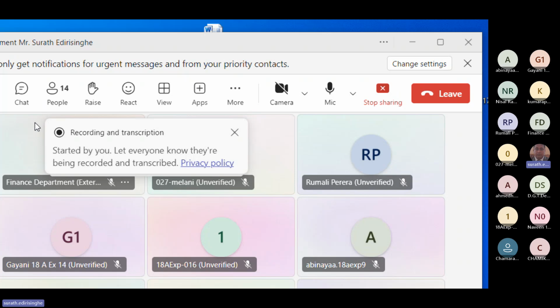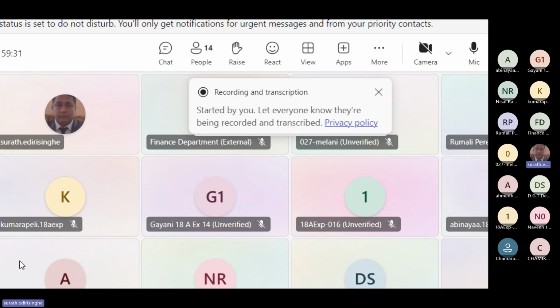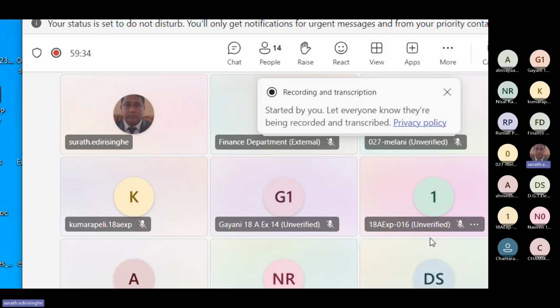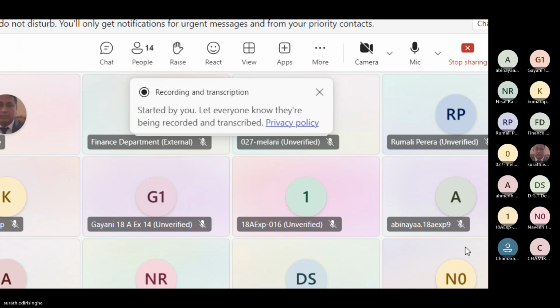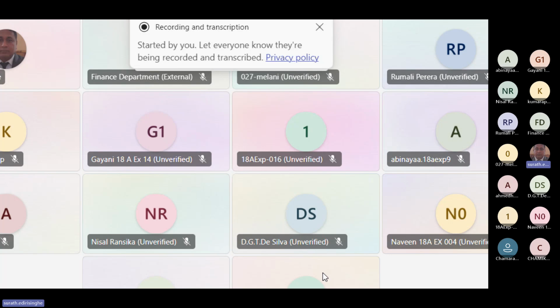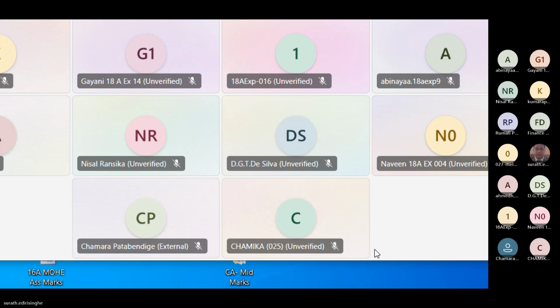Only 13 members are there, including me, 14. Rumali, Melanie. Here, the finance department. Actually the meeting was started by them and me and Kumarapeli, Gayani, not given by name, number 16, Binaya and Nisal, Silva, Naveen, Chamika, Chamada.